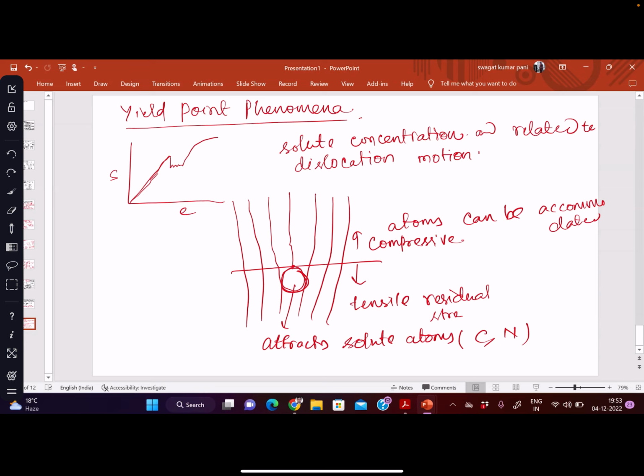So what happens? Suppose we have an edge dislocation line like this. Just below this, the atoms go and segregate. This is called pinning of dislocations.